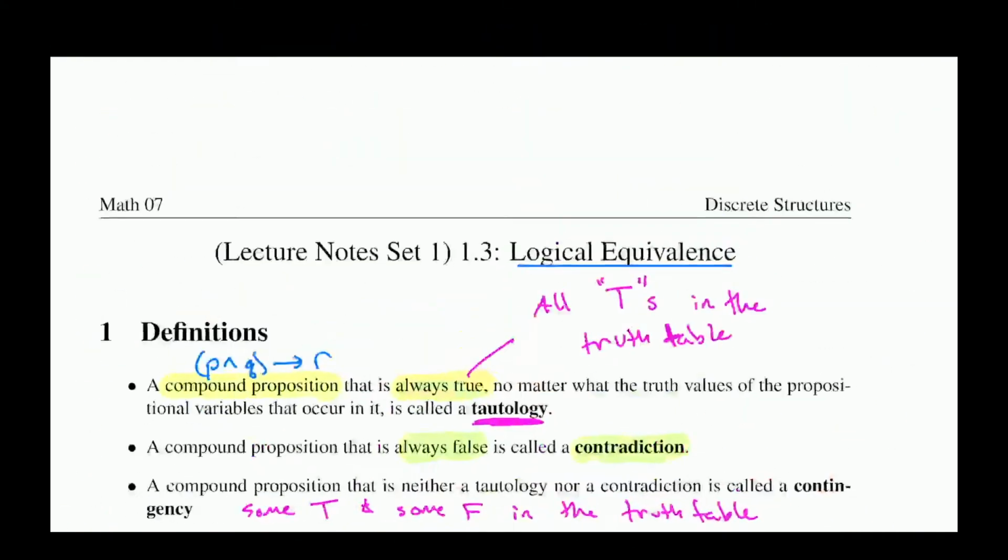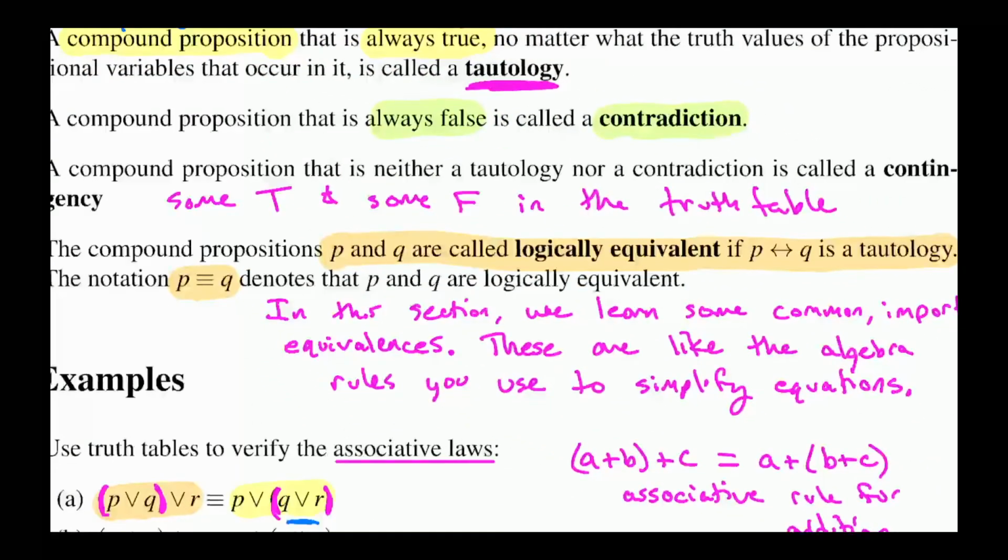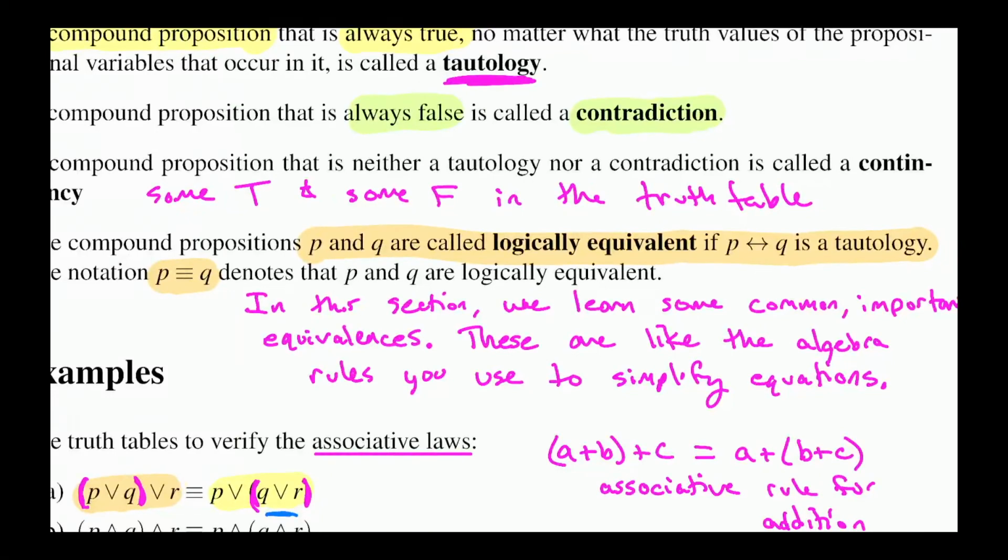Now that's not actually what it says up here, right? It says logically equivalent if P if and only if Q is a tautology. Now remember that if and only if means that the symbols match in the table. Either they're both true or both false.